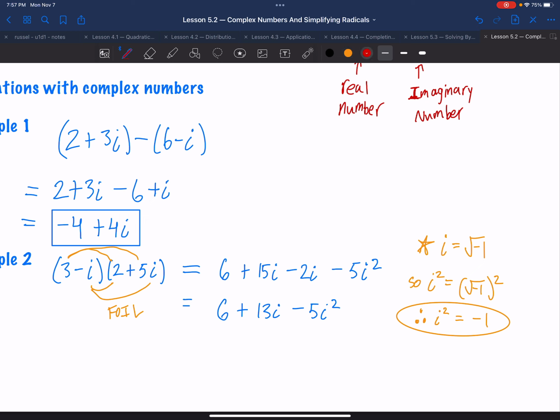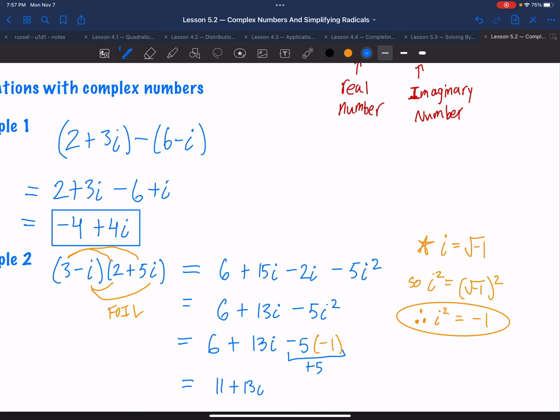So if I'm going to write this, I can replace it: 6 plus 13i minus 5, and i squared is negative 1. Therefore, this negative 5 times negative 1 is plus 5. So this is a real number. 6 plus 5 is 11.